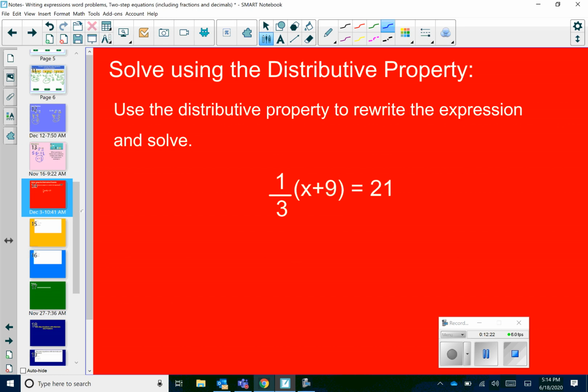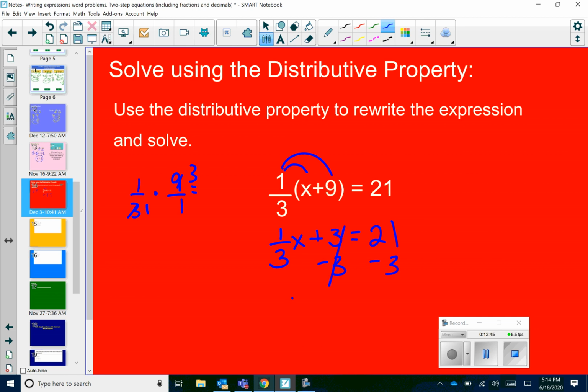Okay, here we've got some distribution. So let's go ahead and distribute. So that's going to leave me with 1/3 times x is 1/3 x. And then off to the side, if you need to do the operation, you can. That's going to leave me with, if I cross simplify, 3 over 1, or just 3. Now we need to subtract 3 on both sides.